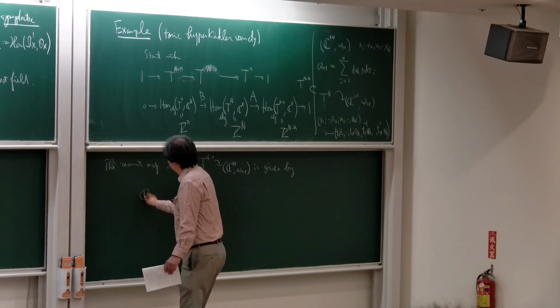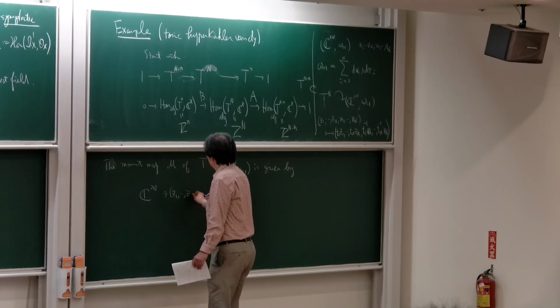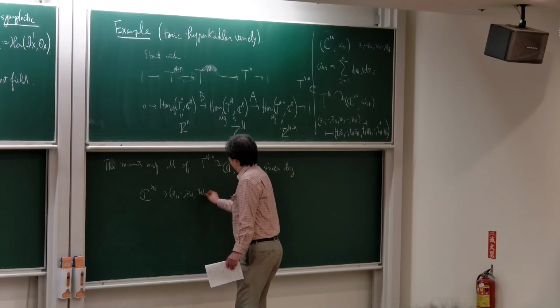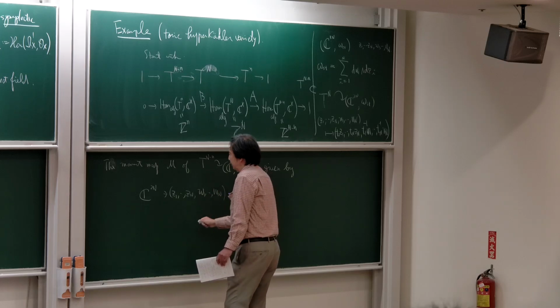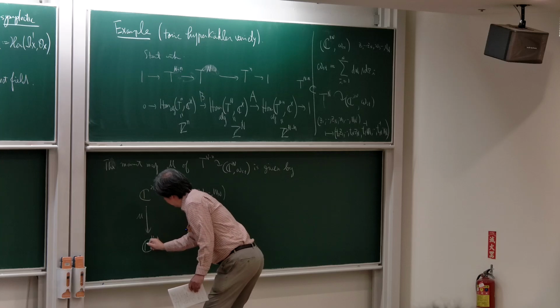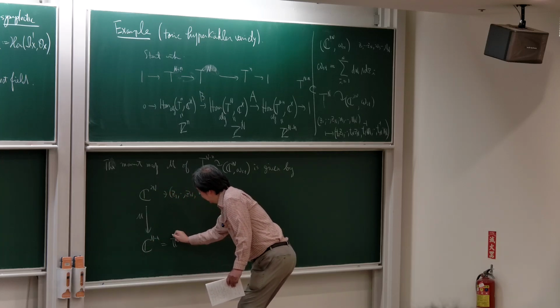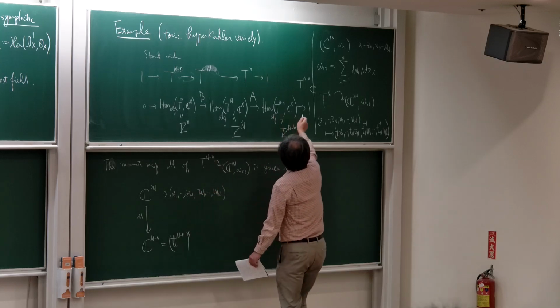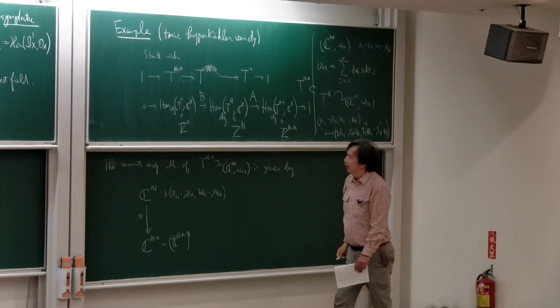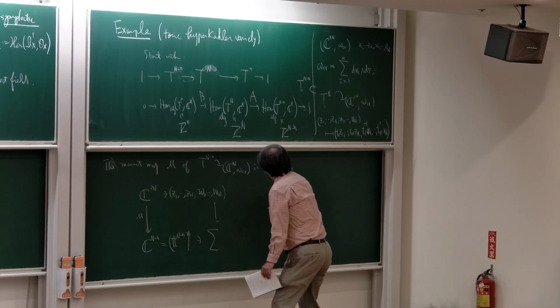Here we have C^N times C^N, (z_1,...,z_N, w_1,...,w_N), and this map goes to the dual space of the Lie algebra of this torus, and it is given by a sum.